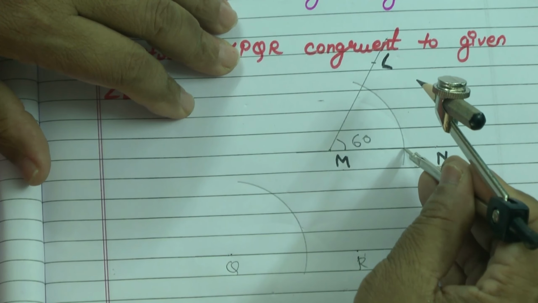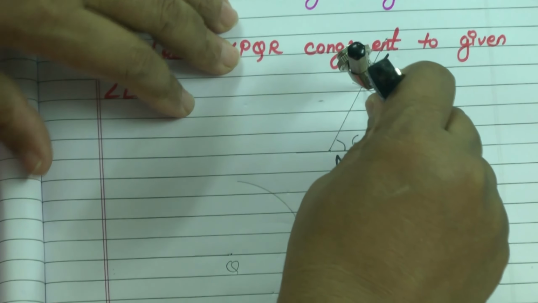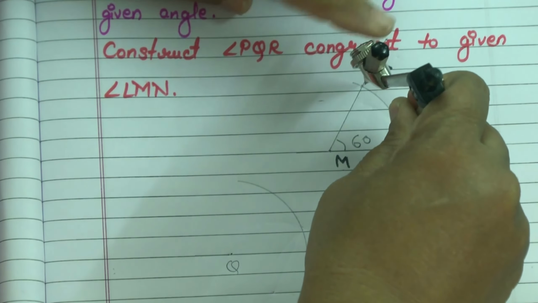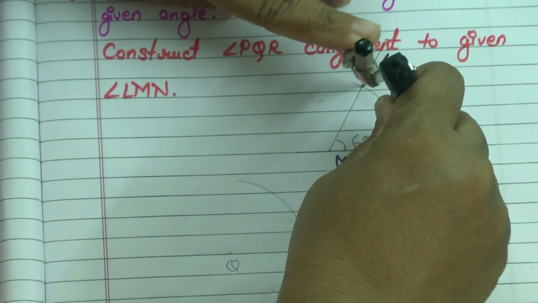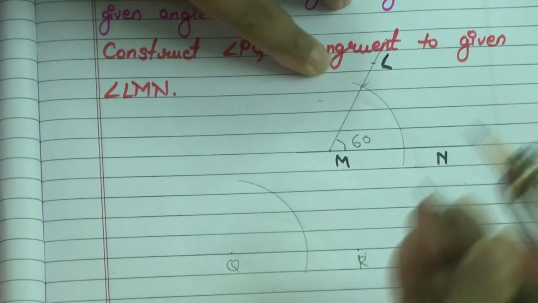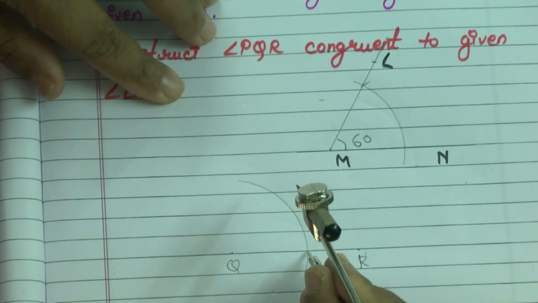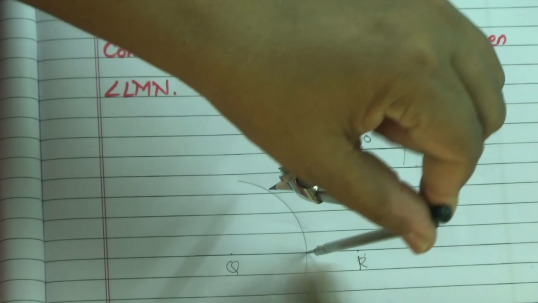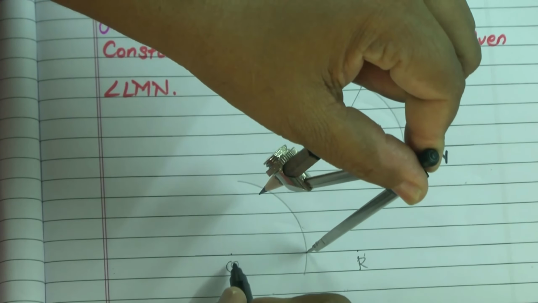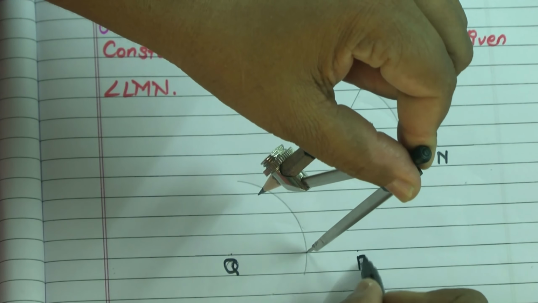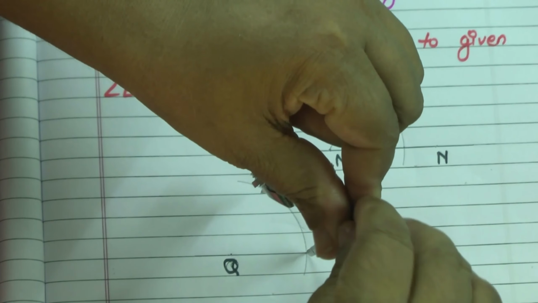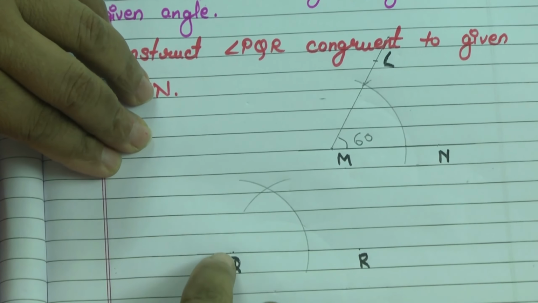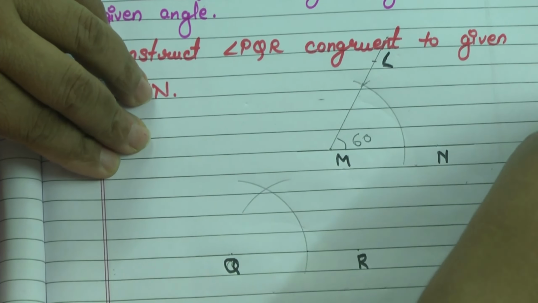Now measure this distance or adjust your compass to this distance, and keep your compass pointer at this point where the arc is cutting the line QR, and give the arc. Now point Q and this point should be joined.